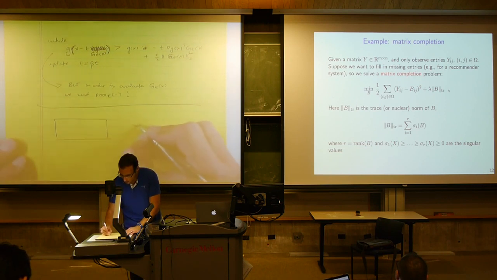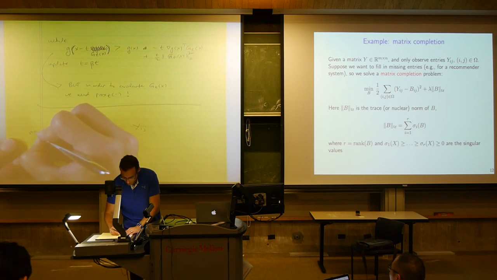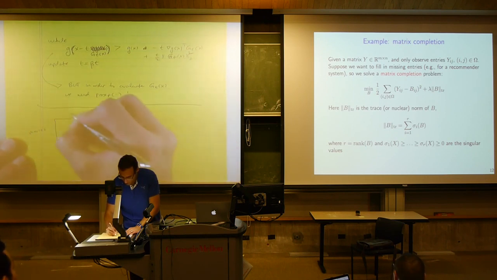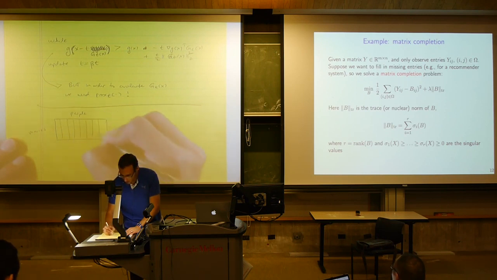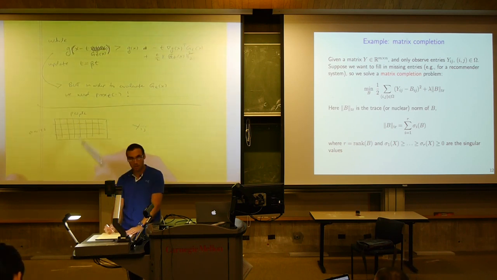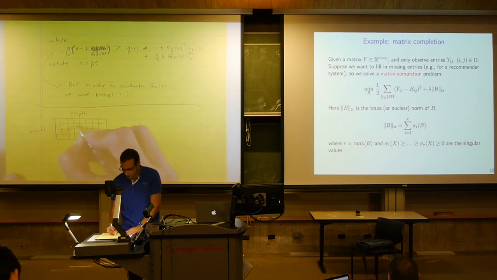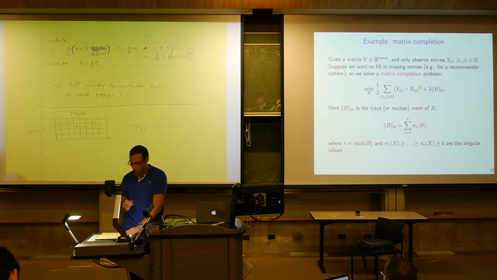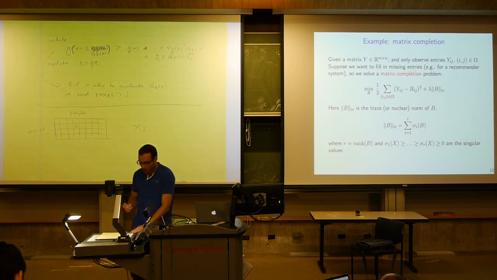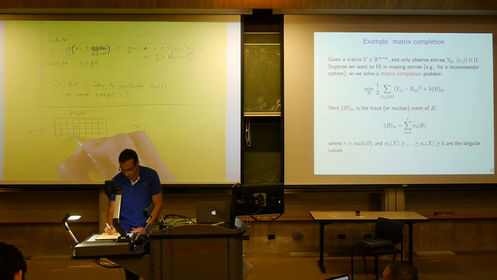So think about y_ij as being a matrix where, let's say, the rows are movies and the columns are people, and I only observe some combinations of movie and people, in the sense that, let's say, for each person, some person watches some number of movies and rates them. I think that the Netflix scale is actually on a 7-point scale, although I may be wrong. So suppose this person watched this movie and rated it a 6, then he or she watched this movie and didn't like it and rated it a 1, etc.